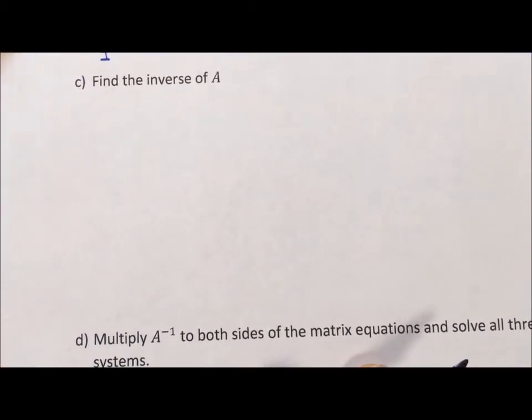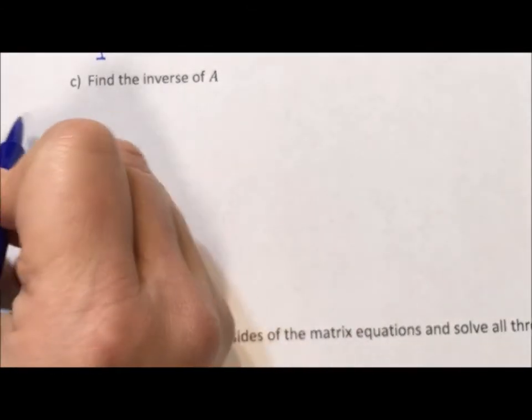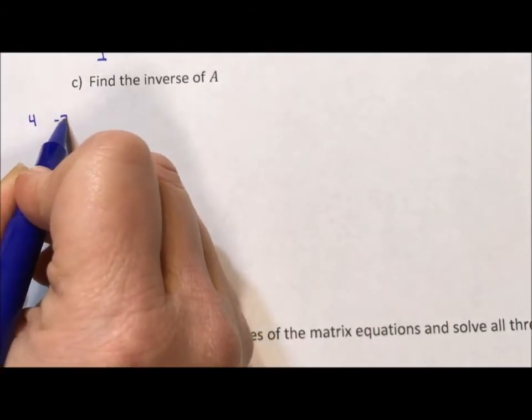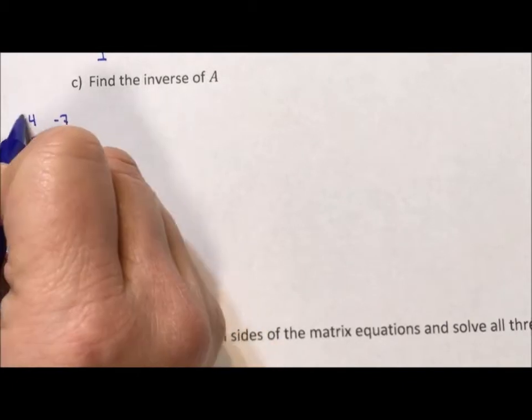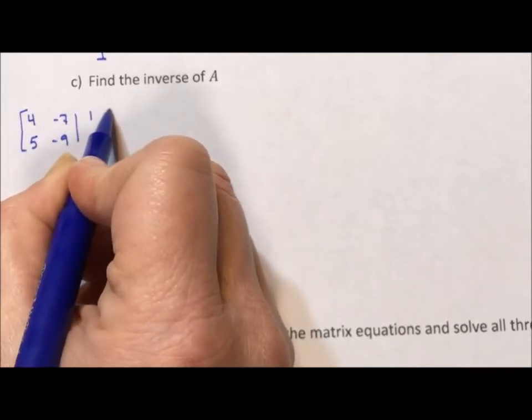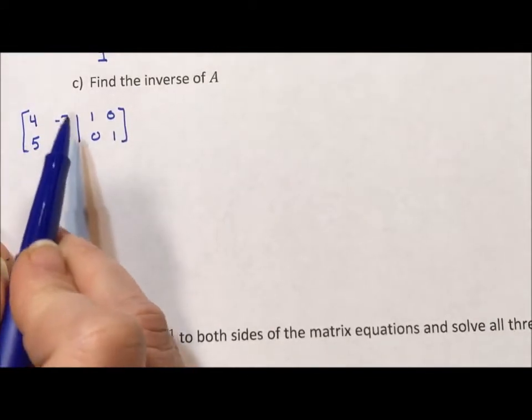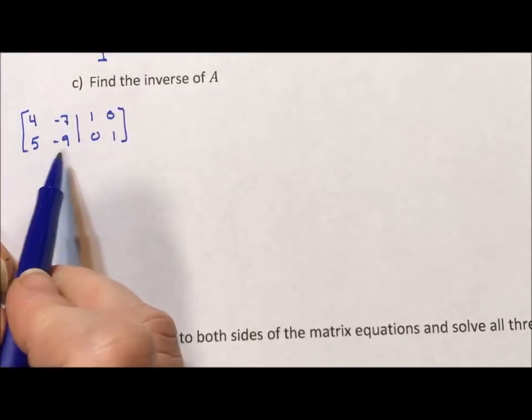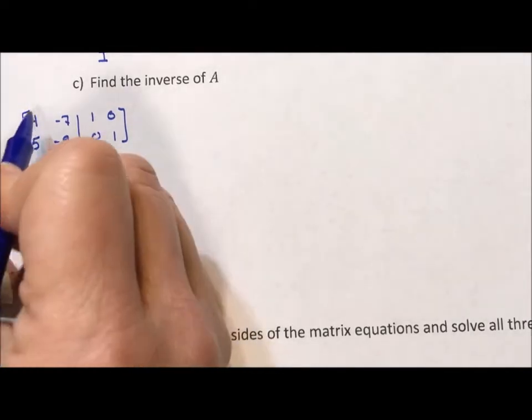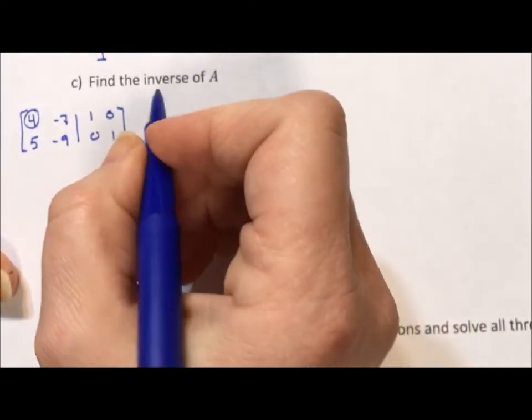The way I'm going to do that is start by rewriting A down, the 4, -7, 5, -9. I'm going to put a line and an identity matrix. If I convert the left-hand side to an identity matrix, the right-hand side becomes the inverse. So I'm going to pivot on that 4.